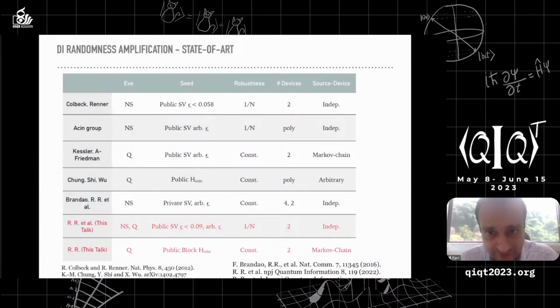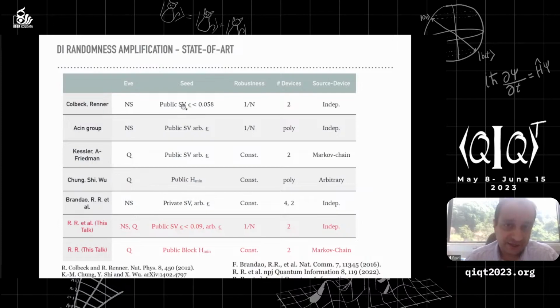So this is the state of the art of this task. It was first studied by Colbeck and Renner in this Nature Physics paper in 2012. They worked in the setting of a no-signaling adversary, which means an adversary who is only restricted by the no-signaling principle of relativity, by the impossibility of superluminal communication.